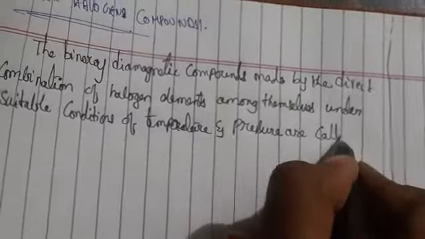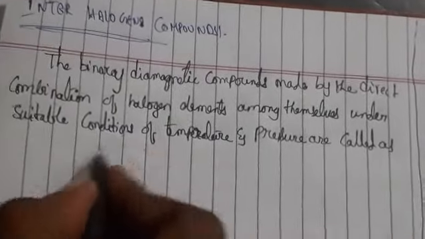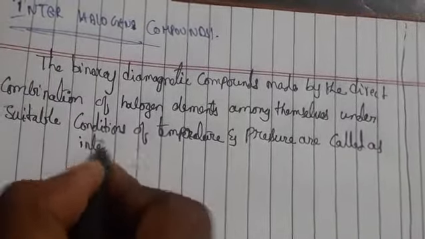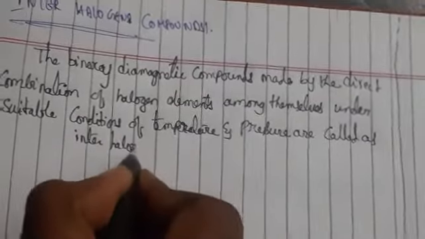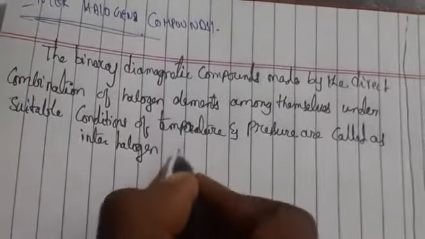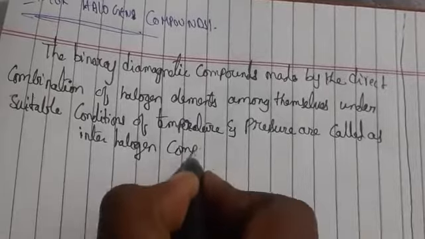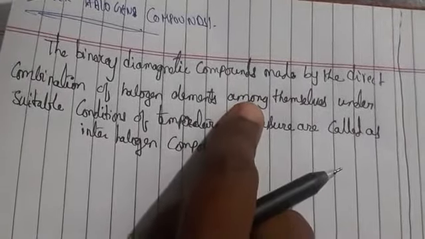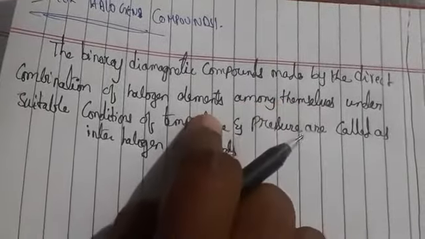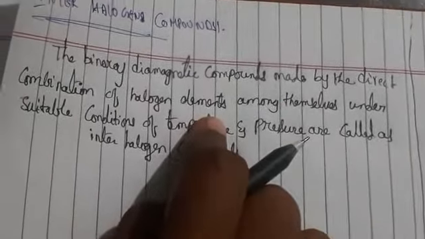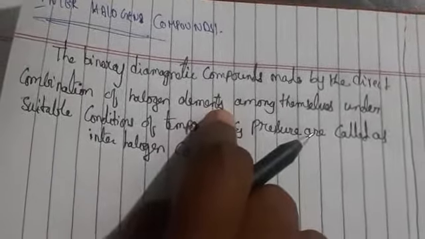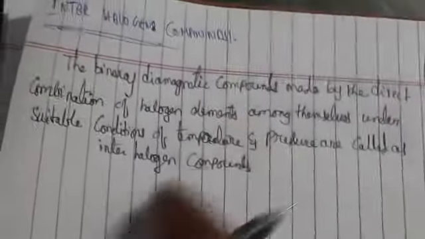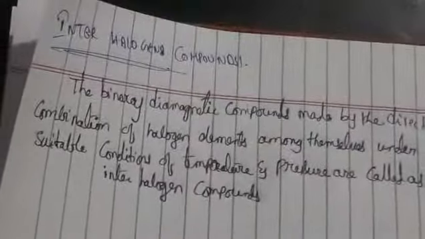So we call it interhalogen compounds. What are interhalogen compounds? These are binary diamagnetic compounds made by direct combination of halogen elements among themselves. At a certain temperature, we call it interhalogen compounds.